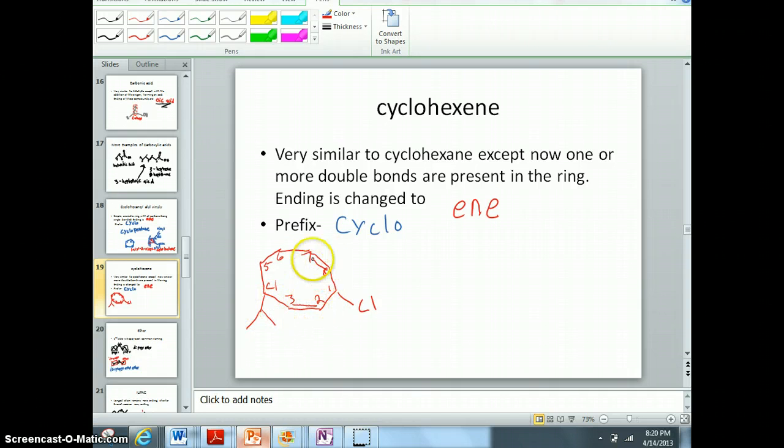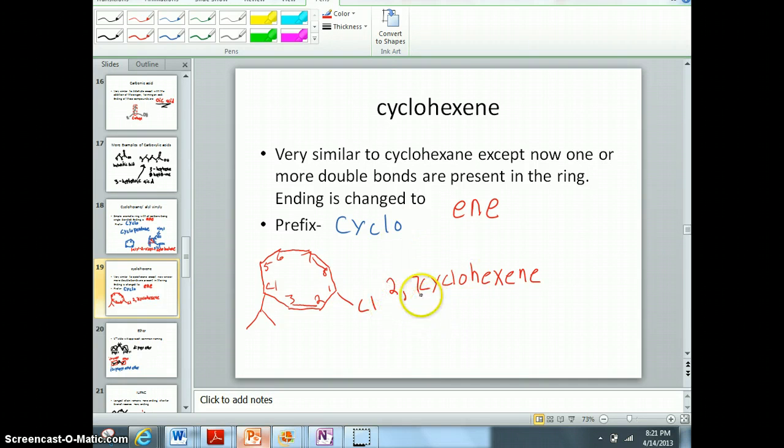We do have a double bond both places, but this branch is going to make us go in the clockwise direction. So we're going to label this cyclohexene. And now we're going to put our double bonds. Our double bonds are at 2 and 7. So 2, 7.